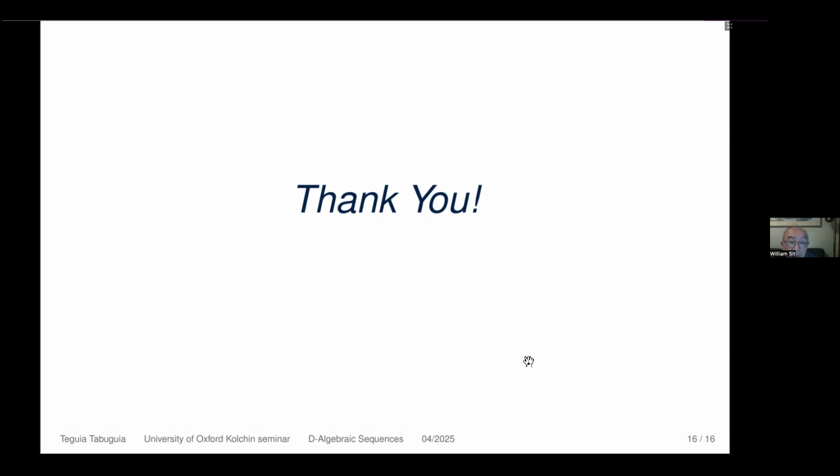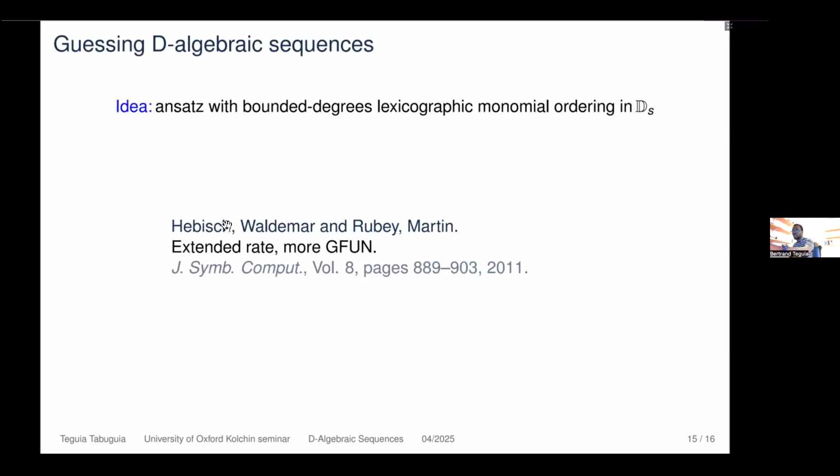So who are the people who implemented the thing in Mathematica? These two guys here. They have a guessing algorithm similar to this one, and in the guessing they consider non-constant coefficients. So the index variable can appear, and I guess it will be more difficult.